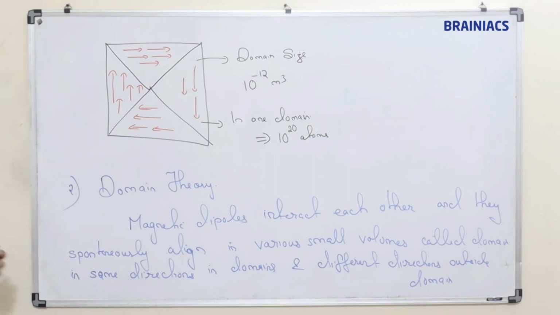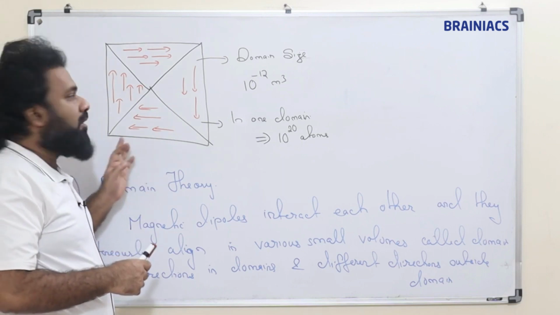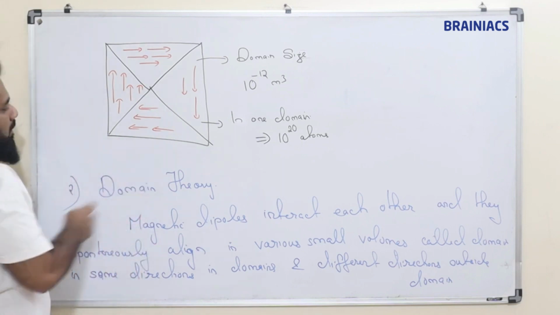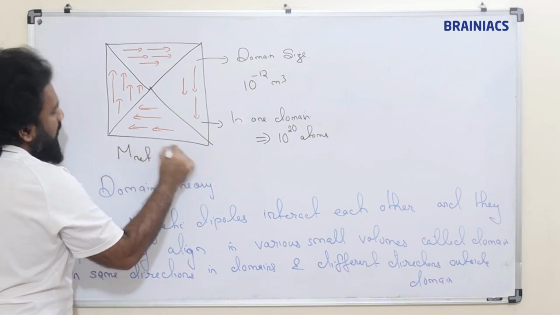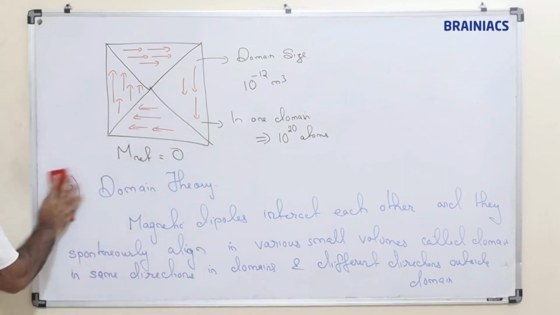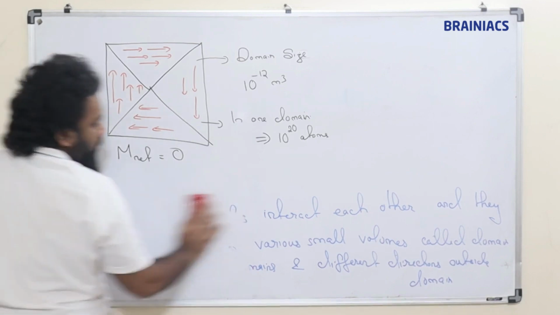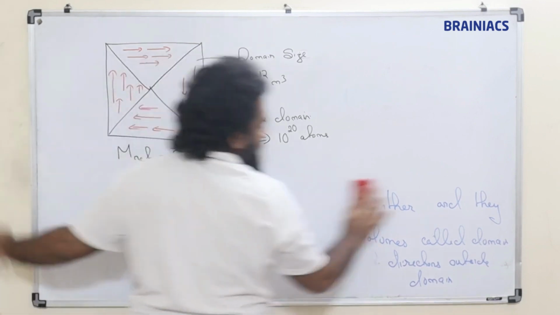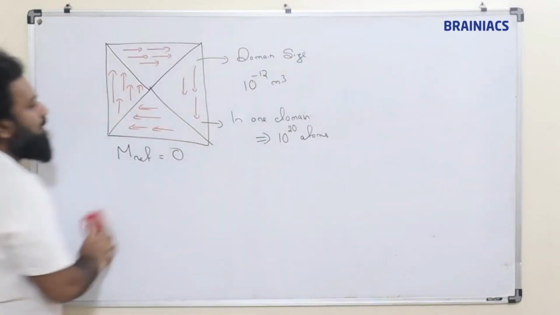Now what is the net magnetic moment of this whole thing? The net magnetic moment will be 0, because they have grouped, but all the groups are in different directions, and M net is equal to 0. Clear?